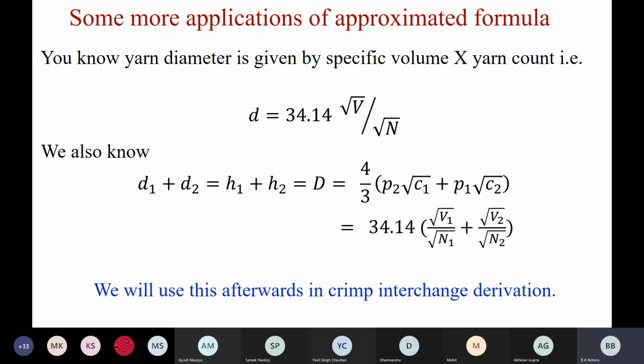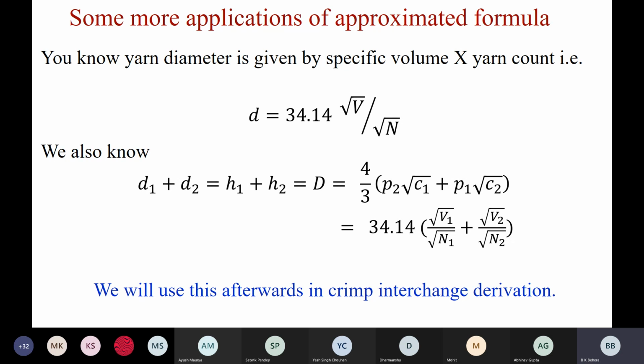The remaining two groups, today also there is one group I will give, and next the first group also I will give. Anyway, the point I want to tell you is that in this particular course you will be given, or you have to remember, equations for the diameter of yarn.